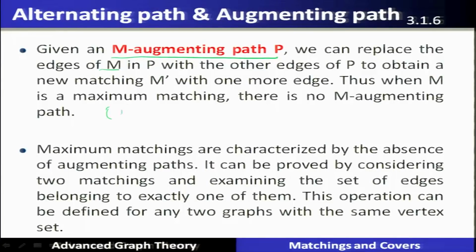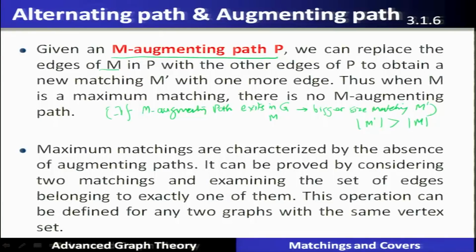That means if an M-augmenting path exists in the graph G, then there is a possibility that we can get a bigger size matching M. So, we can extend to a bigger size matching if we are given an M-augmenting path, that is, M prime is greater than M if there exists an M-augmenting path.